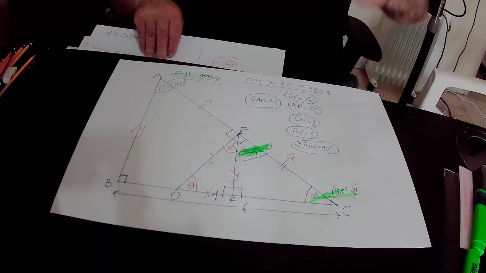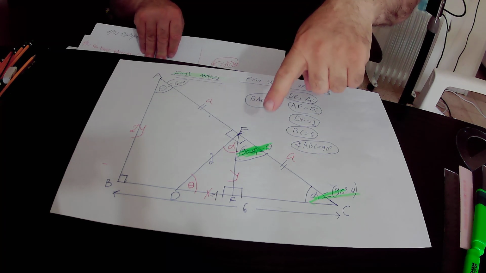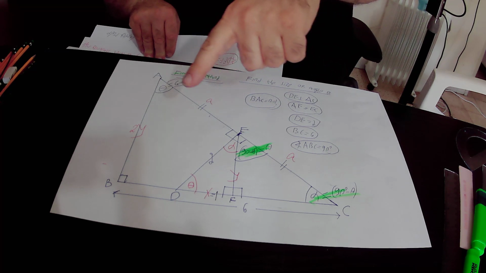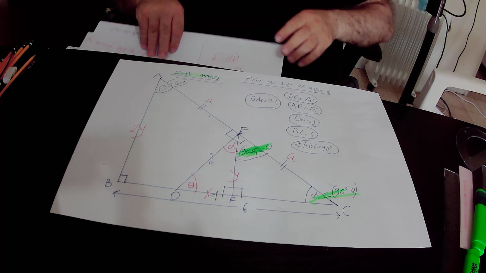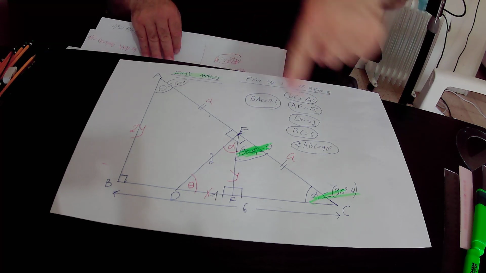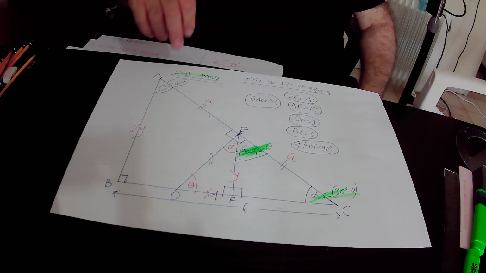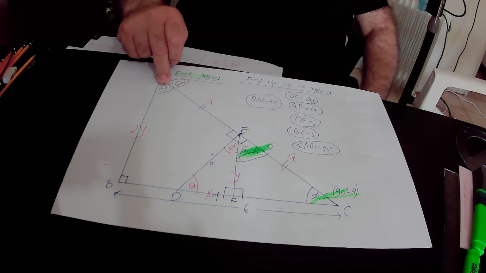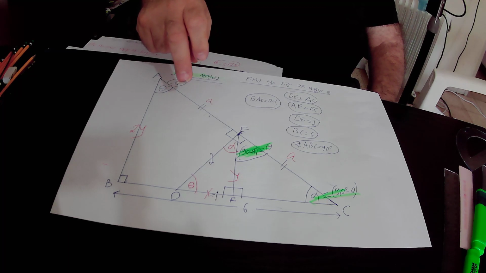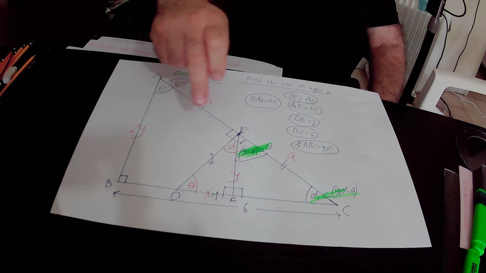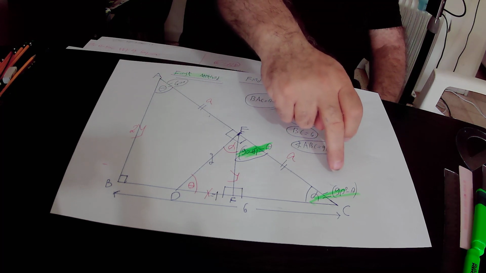According to our construction, we defined the touching point between the perpendicular from point E and the side BC as F. Then we defined angle ACB as alpha, and because in the right triangle ABC this angle equals theta, this angle must be equal to 90 degrees minus theta in order to complete the sum of the angles in the right triangle ABC, 180 degrees.